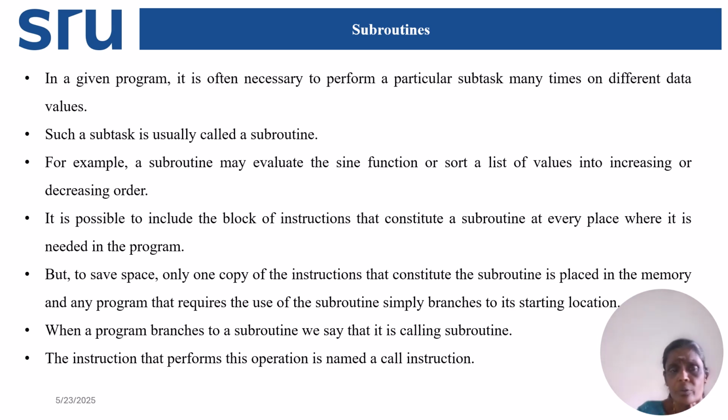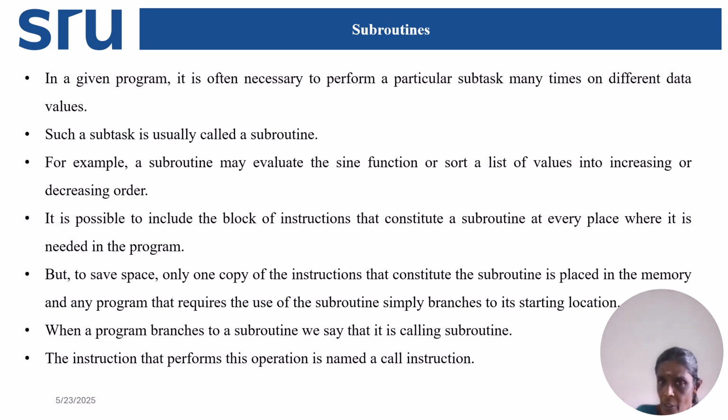So simply we can say the subtask is called a subroutine. It is often necessary to perform a particular subtask many times in different places for different data. That subtask is known as a subroutine.